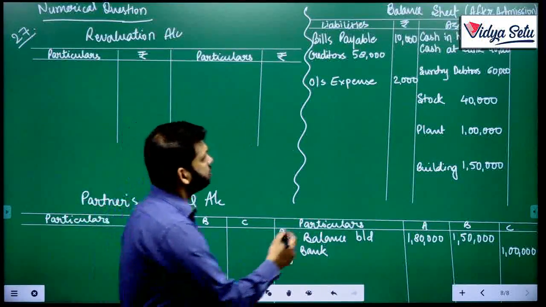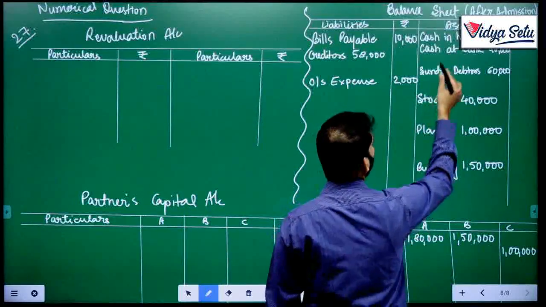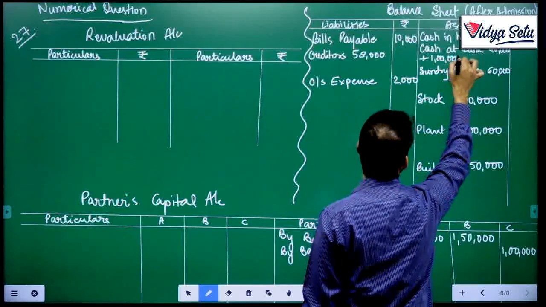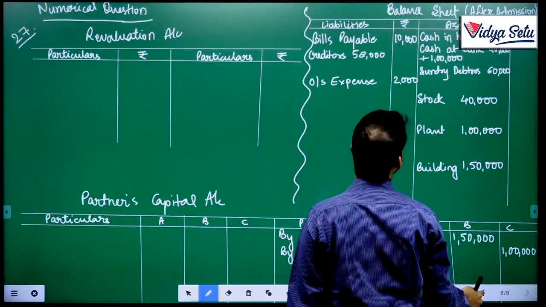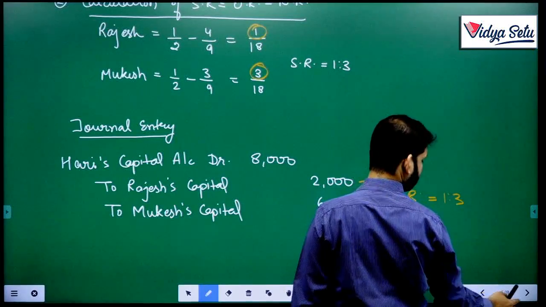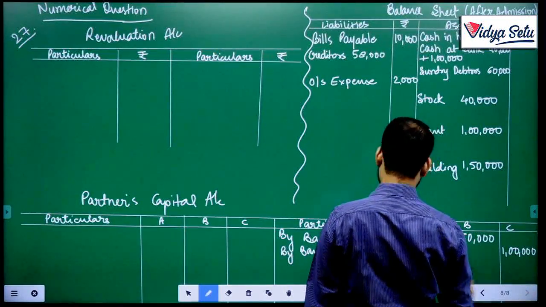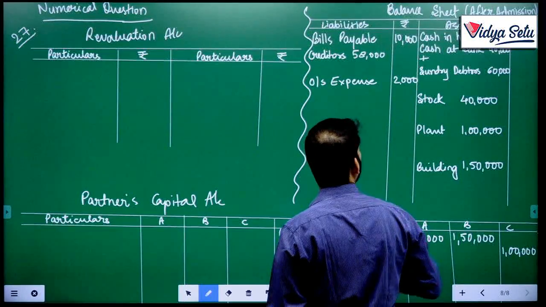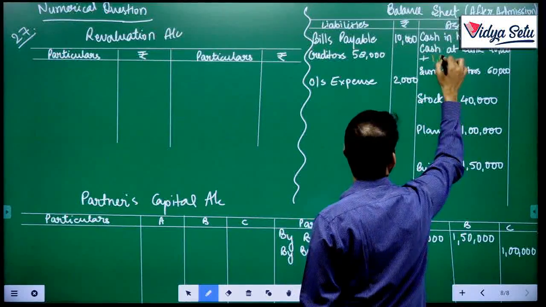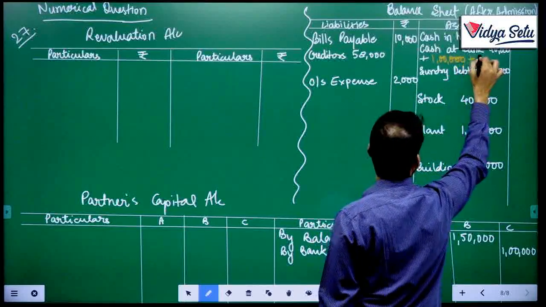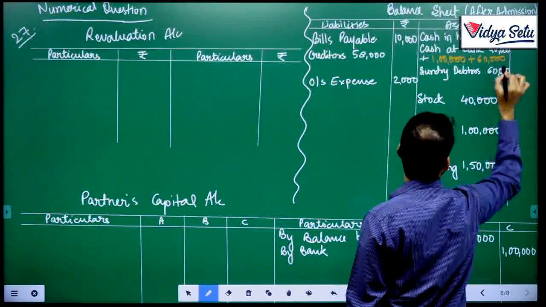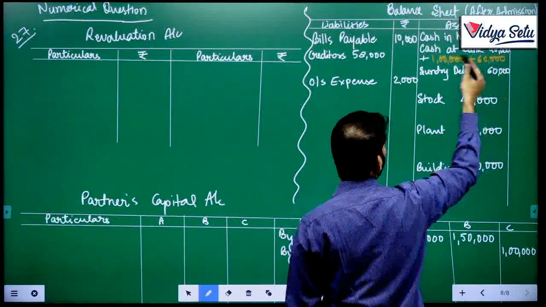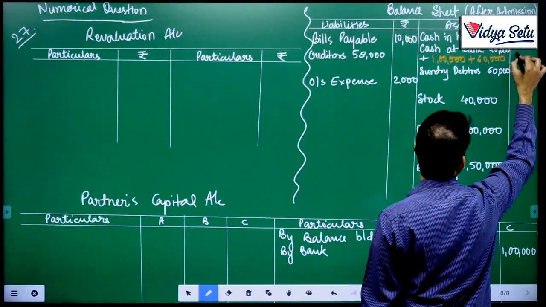The amount is coming in the bank. So plus 1 lakh, plus 60,000. He brings in 60,000 also. So bank 40 plus 1 lakh plus 60 is 2 lakhs.